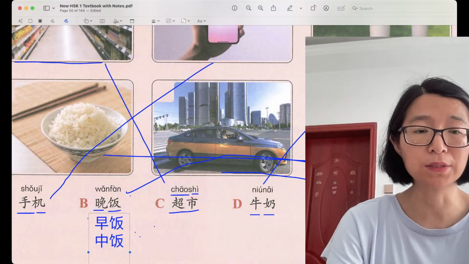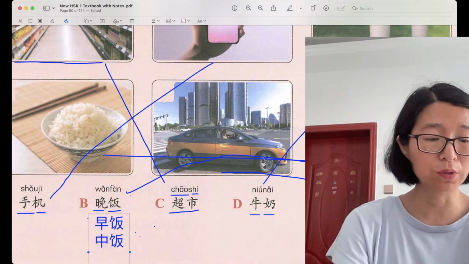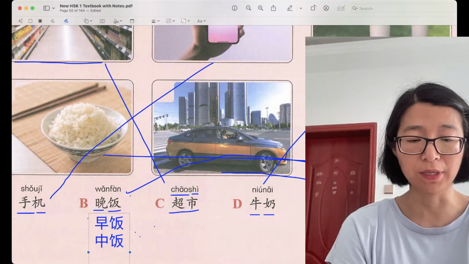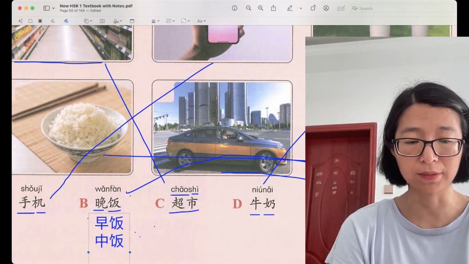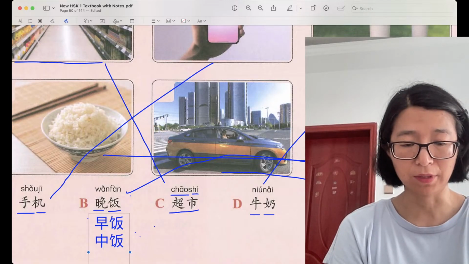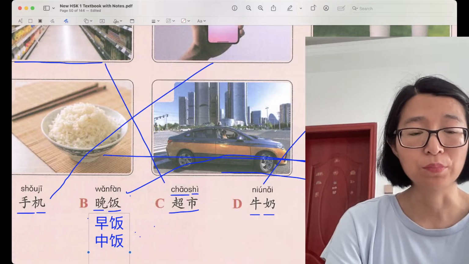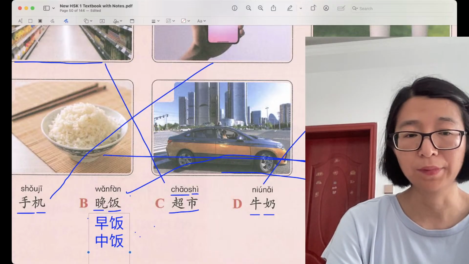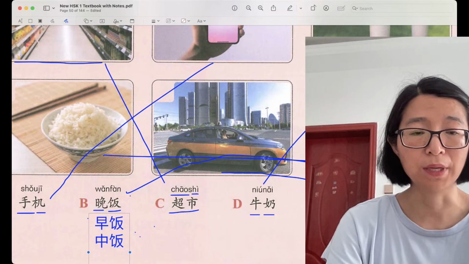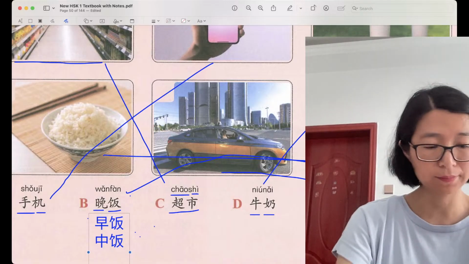And dinner is 晚饭. See, the word formation in Chinese is very clear, so you can understand each word very clearly. 早饭, 中饭, 晚饭: breakfast, lunch, and dinner.